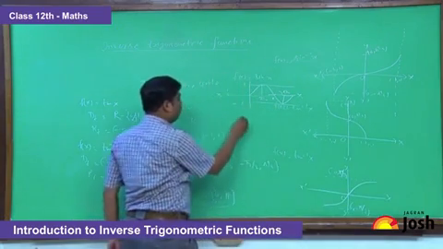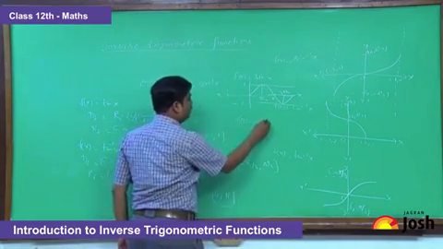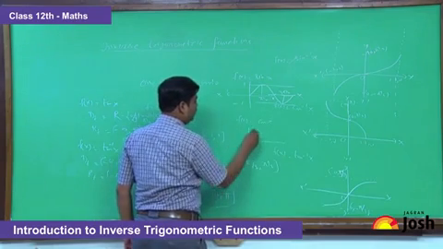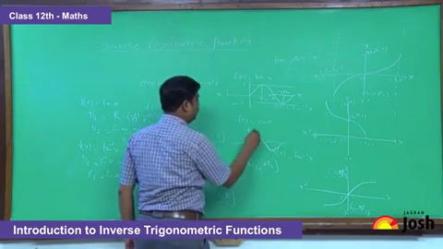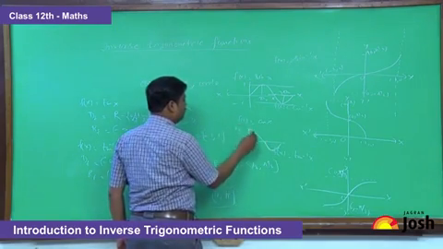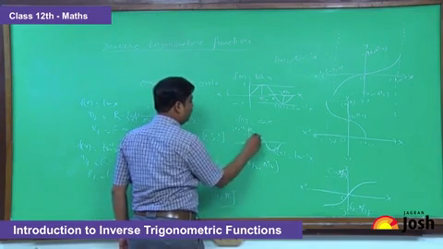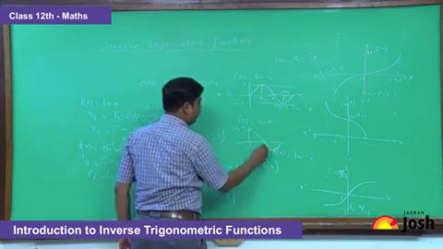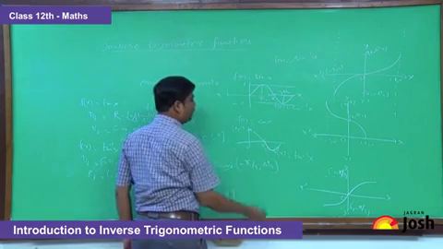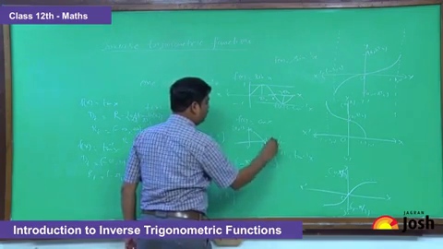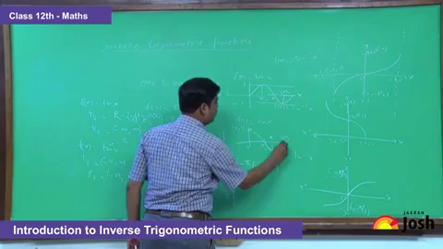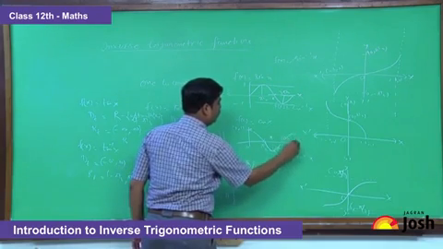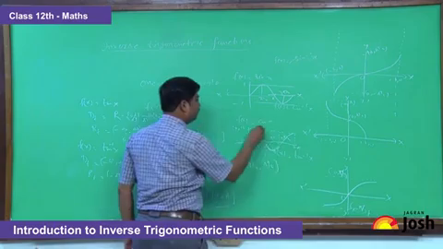Similarly, when we talk about the graph of cos x, its graph starts like this and goes like this. Its value is 1 at x equal to 0, and at x equal to π/2 it becomes 0. At x equal to π it is -1, at x equal to 3π/2 it is 0, and at x equal to 2π it is 1.